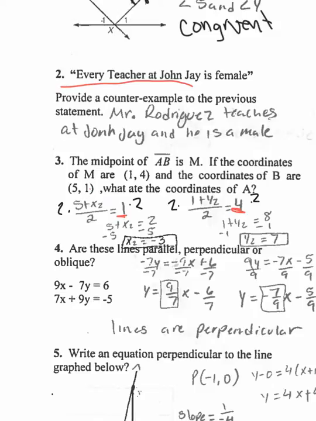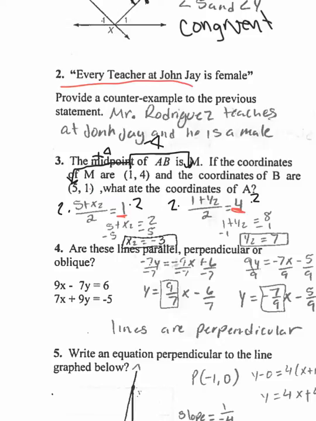What we usually do, we do the line, right? So M is in the middle. There's not a lot of space to write here, but I'll go from here. So from 1 to 5, that is plus 4. But if you're going to go to A, the other coordinate, you're going to have to go minus 4.